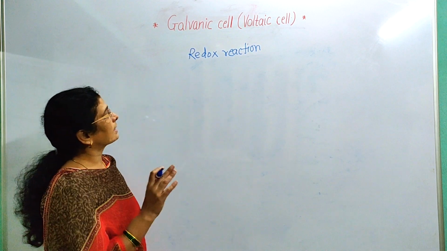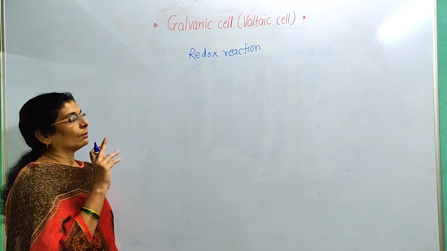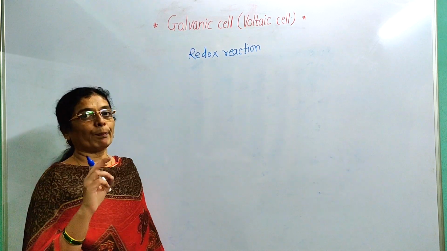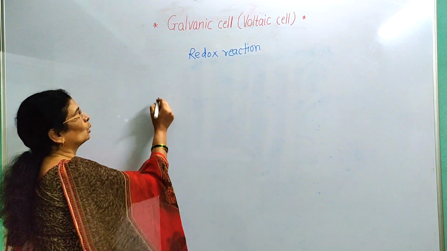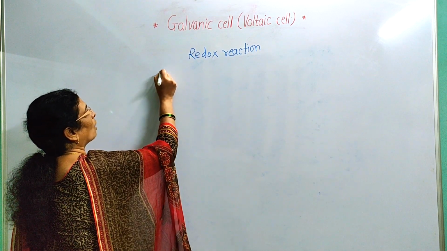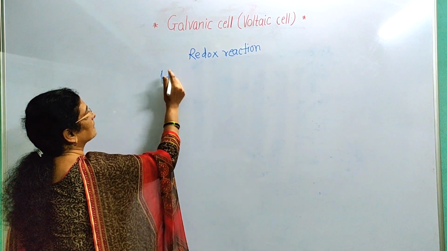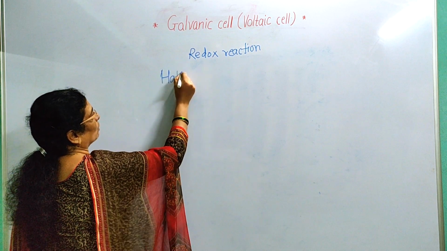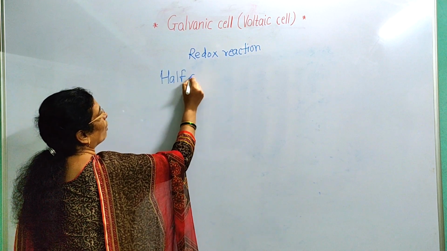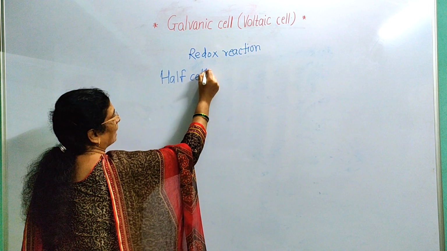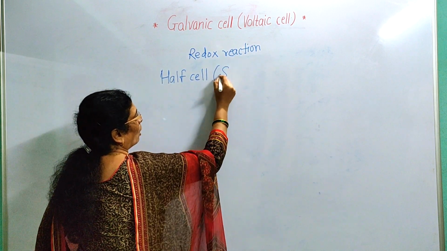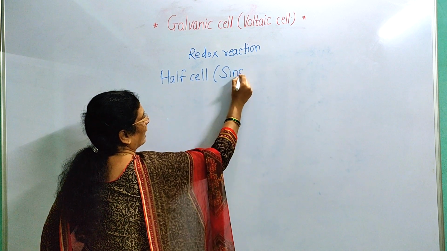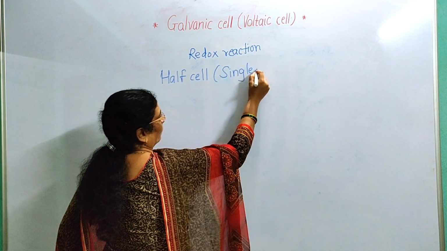So for the construction of a galvanic cell we require two parts, called two half cells, or single electrodes.